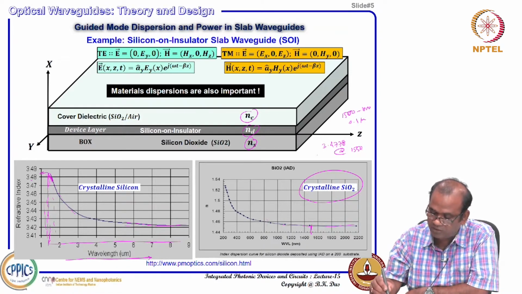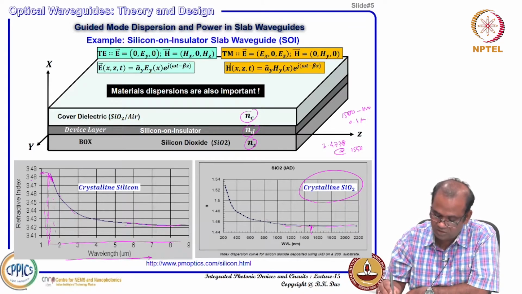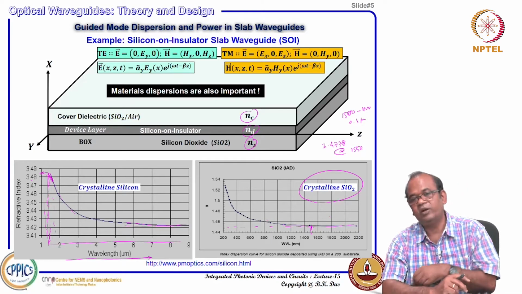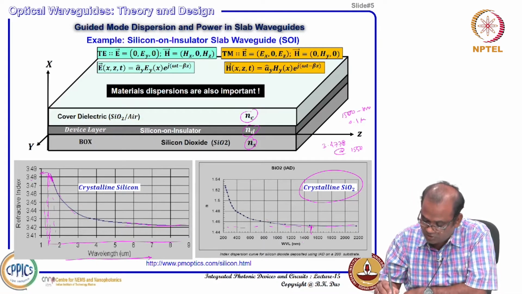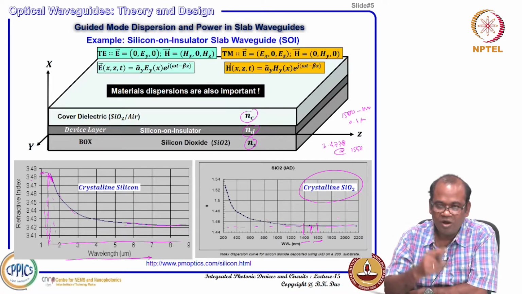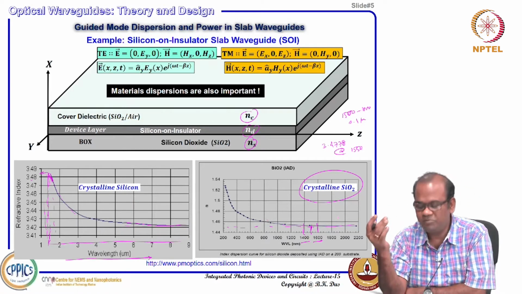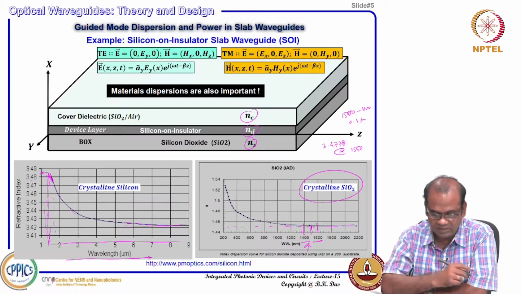It is actually about 1.465, and we are considering 1.45 or something like that for the refractive index. If I consider 1400 to 1600 nanometer, the refractive index is not changing much, so I can consider it non-dispersive around this operating wavelength range.